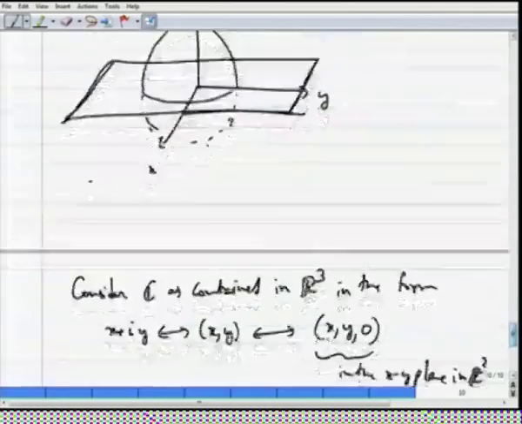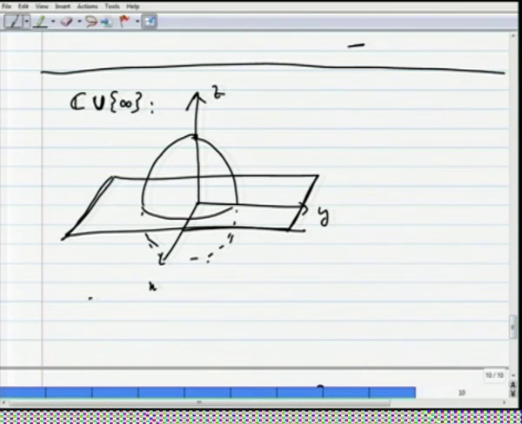Now, you can take any point in the complex plane, which is now sitting in R 3, and join it to the north pole of this sphere by a straight line. That straight line hits the unit sphere S at some point.